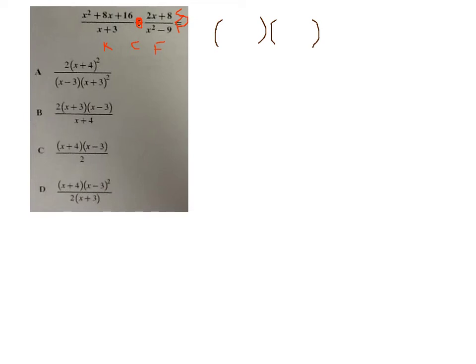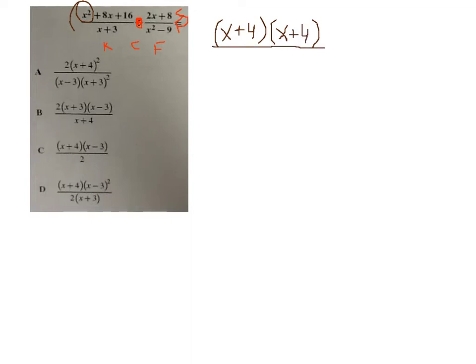If you're not sure how I'm about to do this, look at factoring quadratics, and that'll explain it for you. X squared: the two numbers that we multiply to get that are x and x. The two numbers that multiply to get 16 and add to get 8 are positive 4 and positive 4.